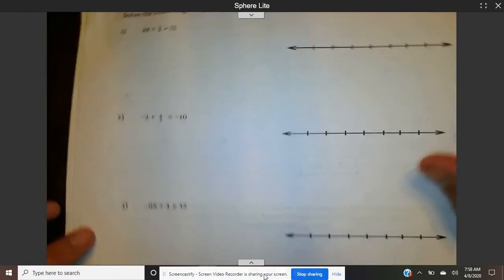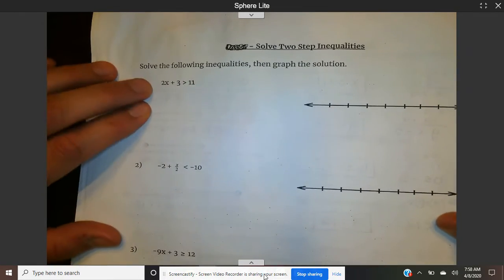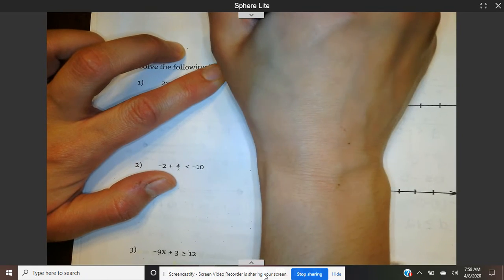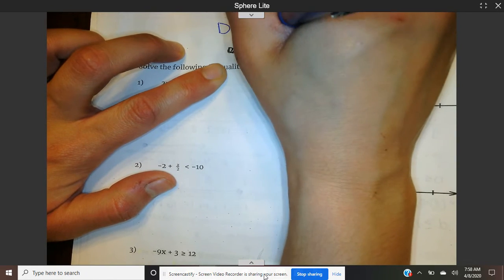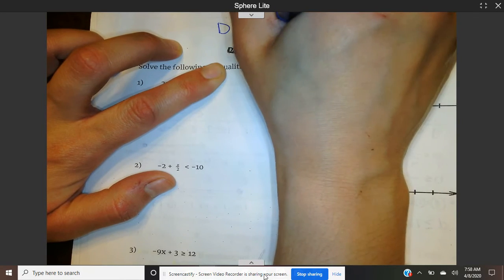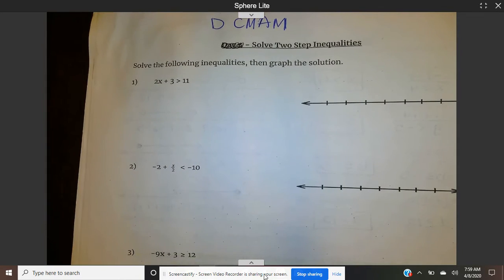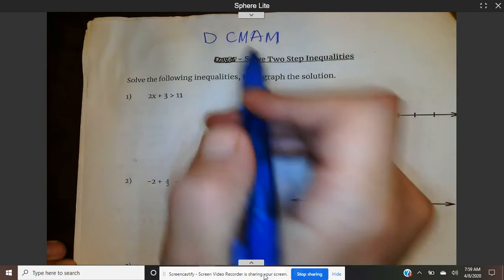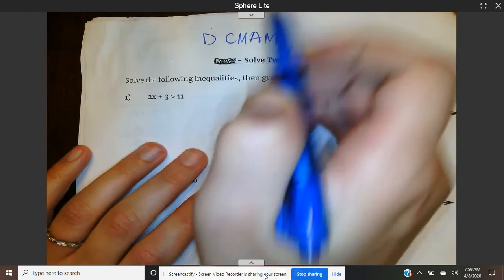Okay, on to 2 steps. The first thing I wanted to point out is, don't call me after midnight. Okay, when we did solving equations, we used don't call me after midnight, right?